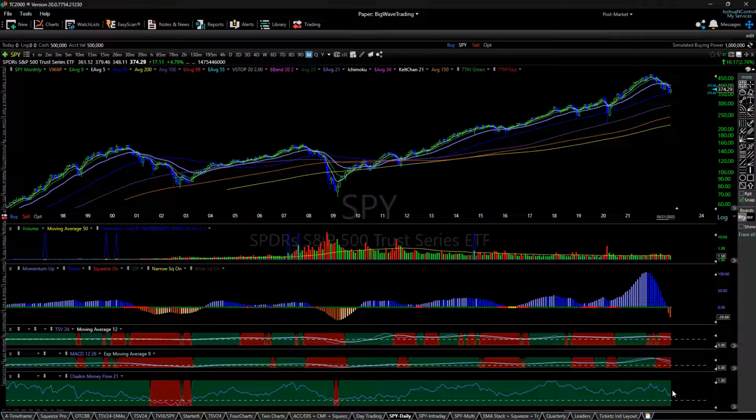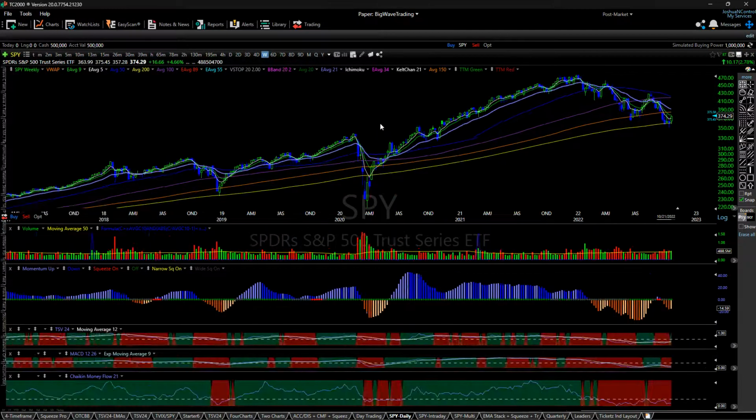So it's a bit of a mixed bag. What do you think that means, probably? I think I know what it means. Chop it up. It's the theme that I've had for the past few months. Those that are too bearish here and those that are too bullish here, they're going to probably be disappointed. So as we go down to the weekly time frame, we can see we're holding that 200 weekly SMA.